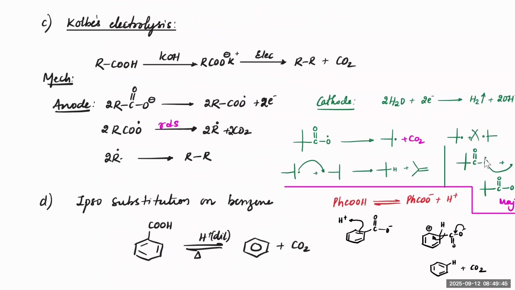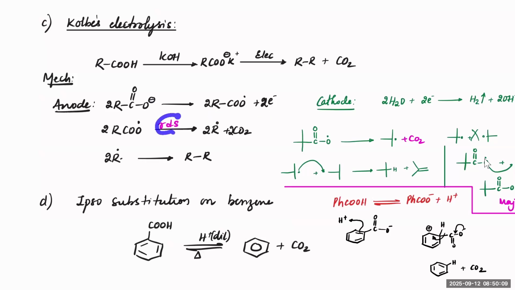Next one is Kolbe electrolysis. This also we learned in alkanes. The carboxylic acid has to be first converted into a salt, potassium or sodium salt, then conduct electricity. There are two reactions that happen at the anode. You will notice that the carboxylate ion will convert into a radical, giving away electrons.